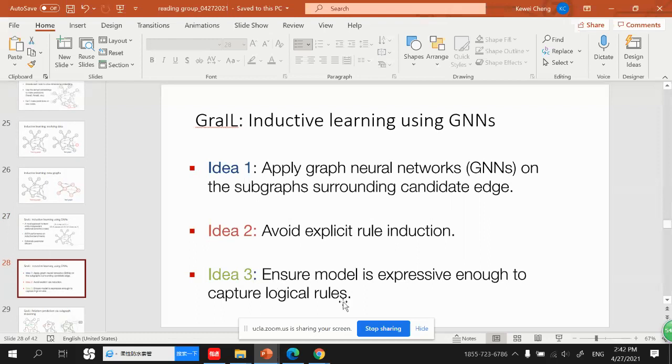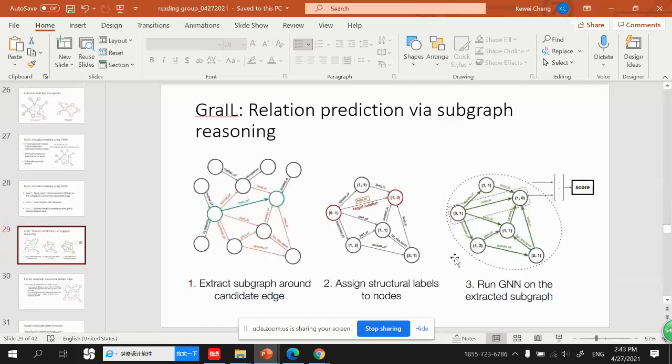In order to achieve this goal, they define a mechanism which ensures the model is expressive enough to capture logical rules.